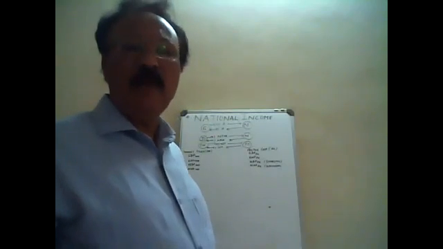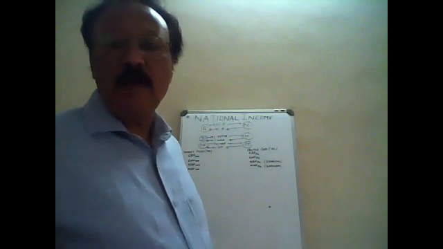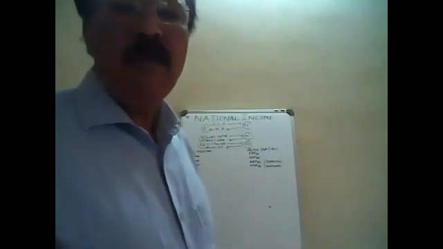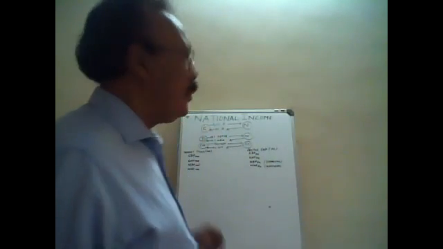For that, children, I had given you a chart or a diagram, which I had also shared on the screen, the interrelationship of the concepts. And I have briefly written it here again on the whiteboard.